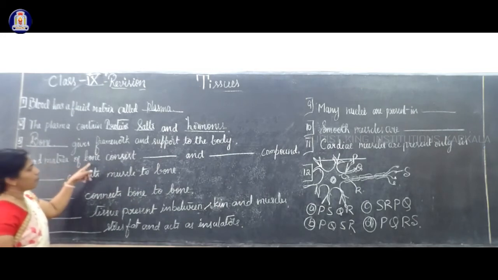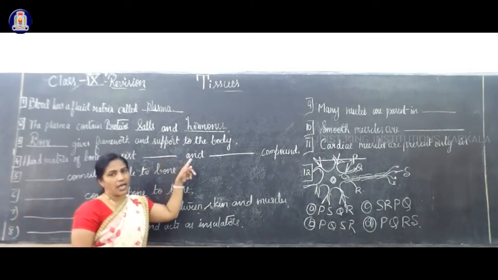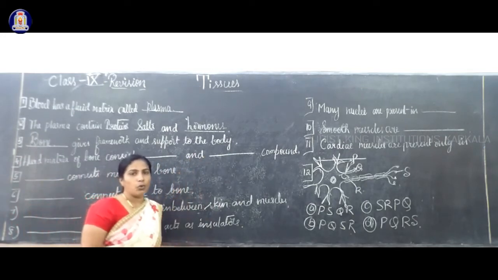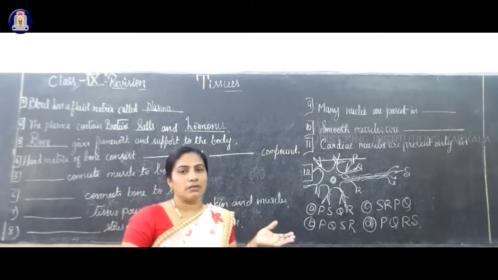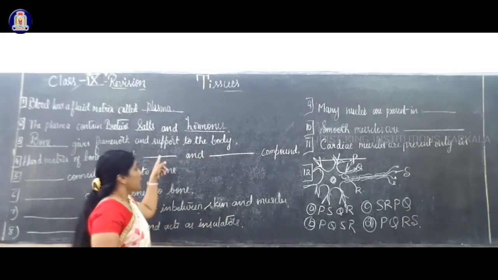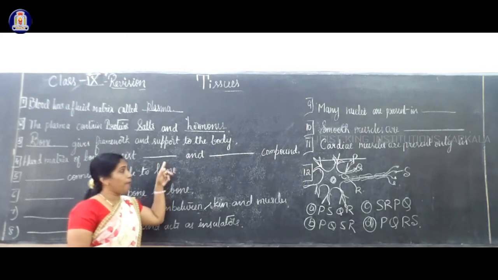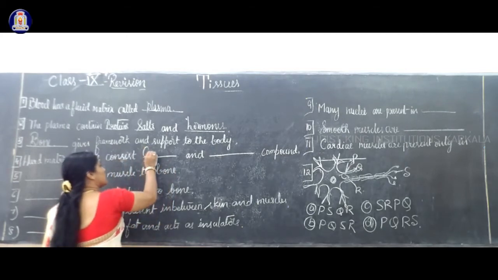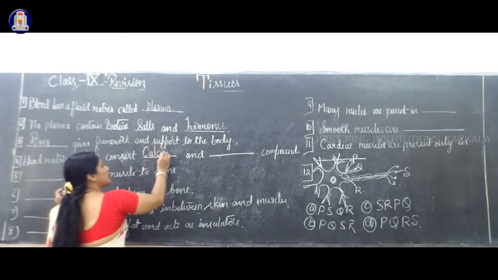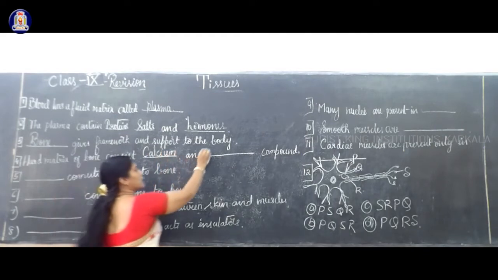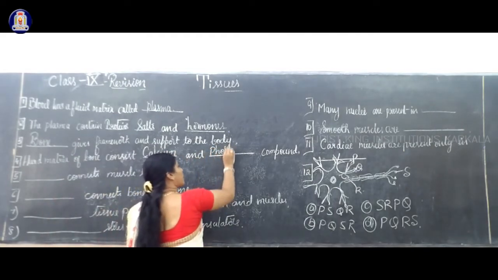The hard matrix of bone consists of dash and dash. Our bone, the white or cream color, consists of a component, that is calcium. Which element? Calcium and phosphorus compounds.